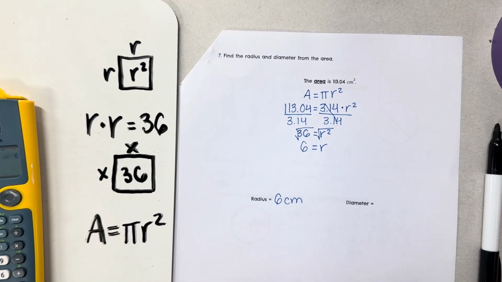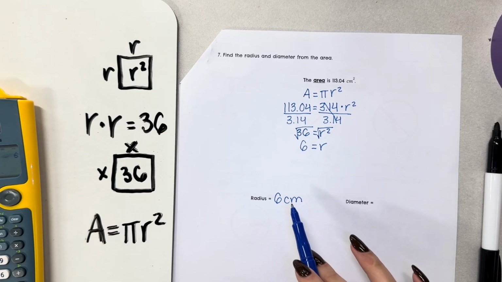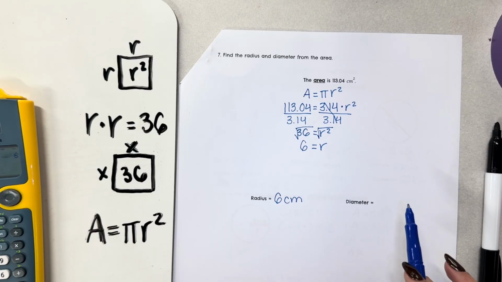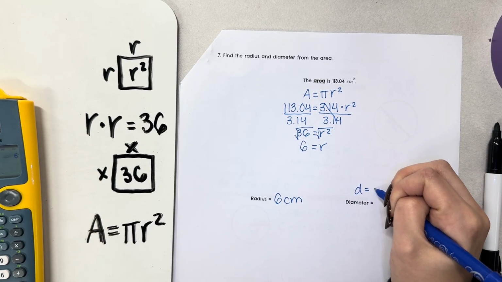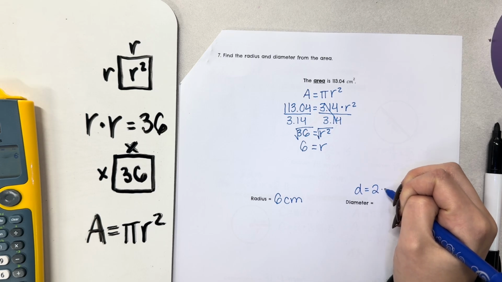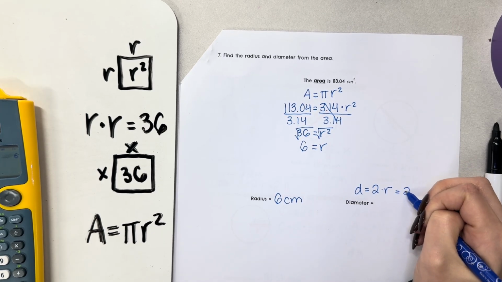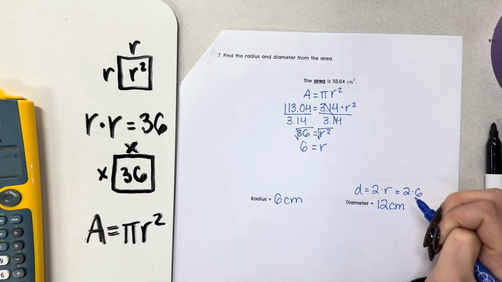Just 6 centimeters. Now, if I have 6 centimeters, what is going to be my diameter? My diameter is just my radius times 2. And in this case, my radius is 6, so 2 times 6 gets me 12 centimeters.